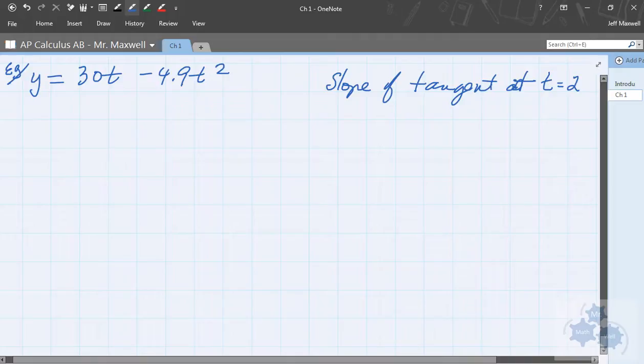So use your slope limit formula for slope, and see if you can do that on your own. And if you have trouble getting started, that's kind of what it should look like in the start. Okay? And you can fill in the f of t, find out what f of 2 is, and so on. Factor, simplify, plug in your value. Go ahead.